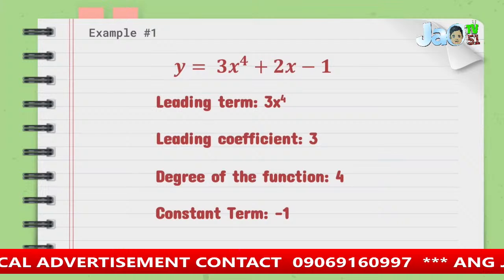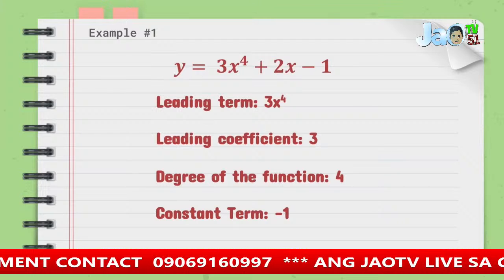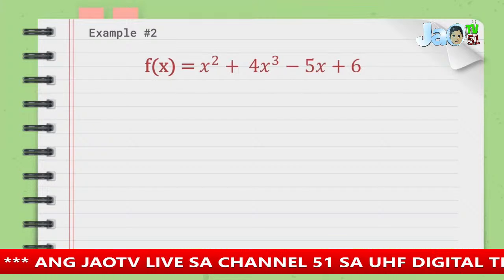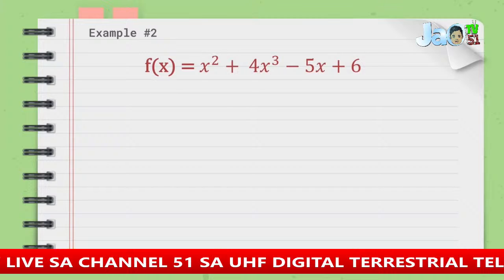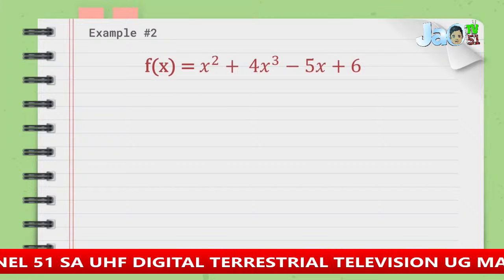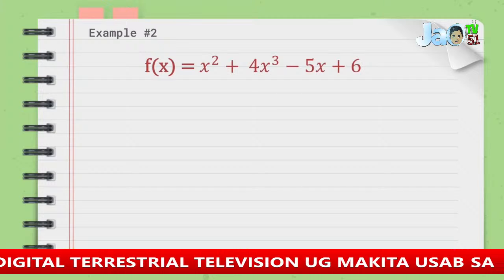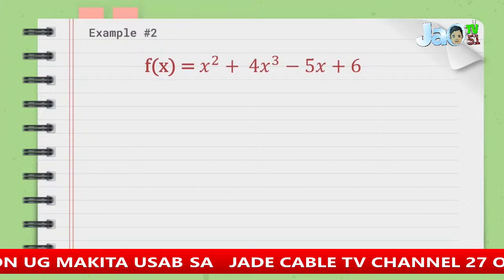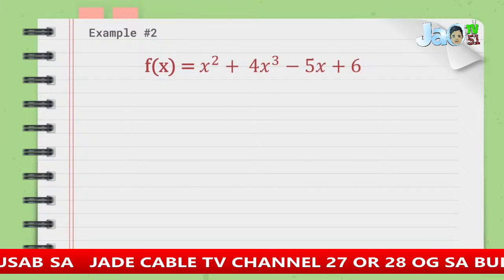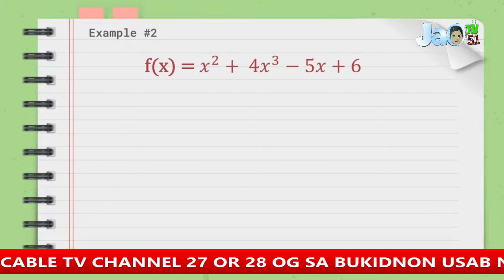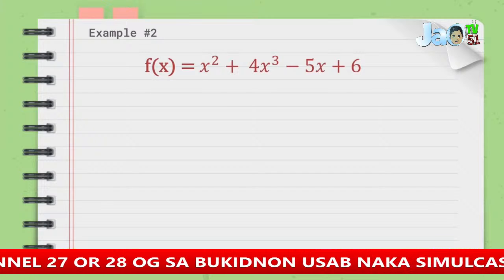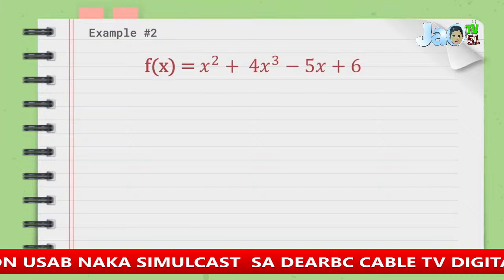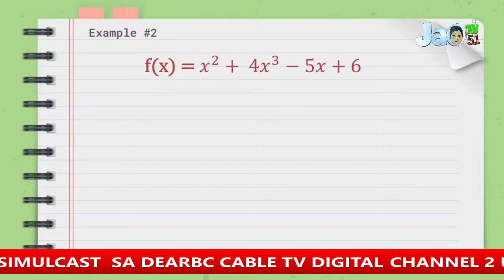How about this example? f of x is equal to x squared plus 4x cubed minus 5x plus 6. Looking at the function, the terms are not written in standard form, since they are not written in decreasing powers of x.